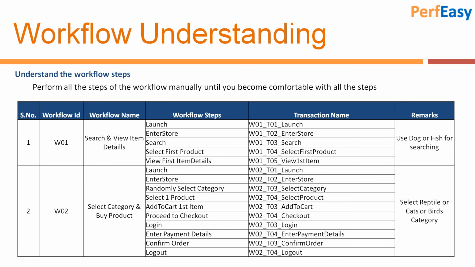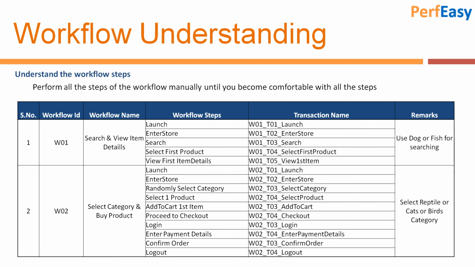The steps are launch, enter the store, randomly select one of the categories, then select one of the products, then add the first item to cart, then checkout, login, enter the payment details, confirm order, and log out. If you see, there is some typing error here, so the transaction number should also be increasing.